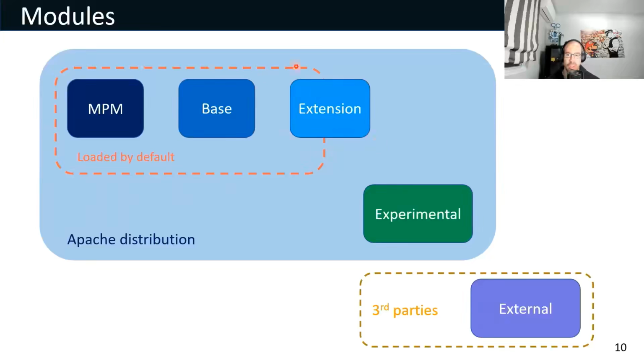Then we have also the extension modules that are not normally loaded into the server, except for a few cases. We can find also the experimental modules. Those are available in the Apache kit, but are not officially supported by the Apache team. And the last group is the external modules that are not included in the Apache distribution.